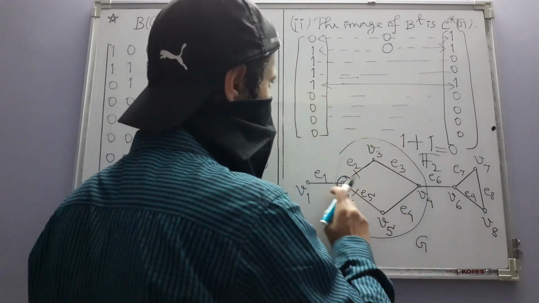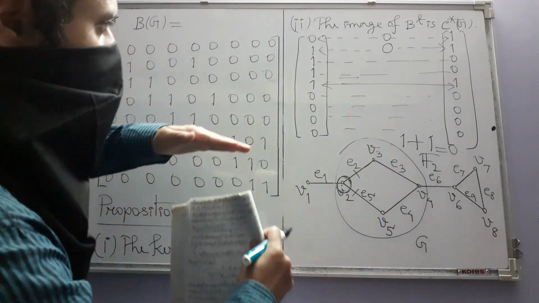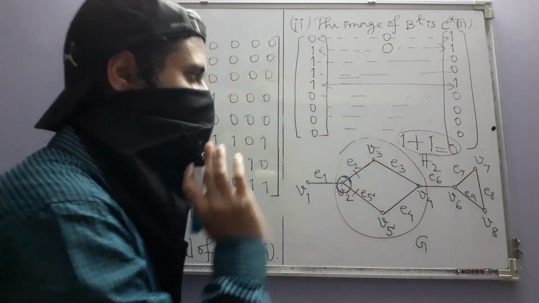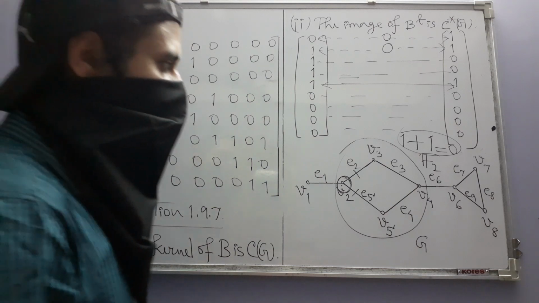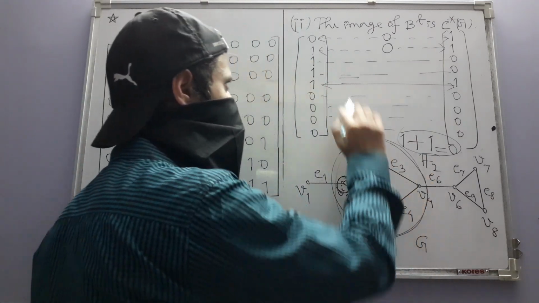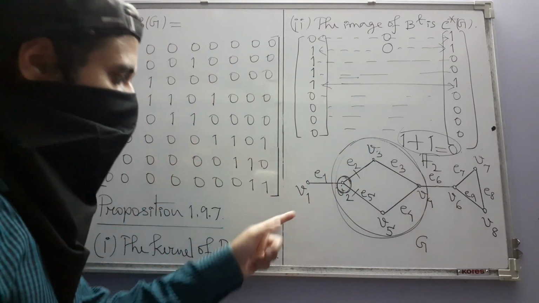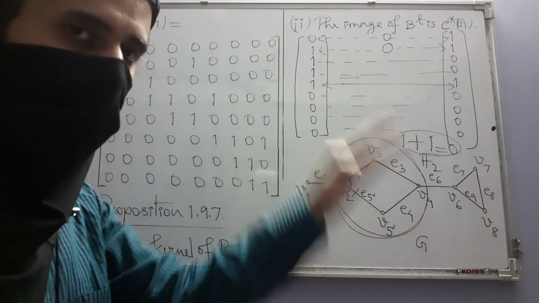So anytime you consider such a scalar product, row column, you are going to get 1 plus 1. That will give you 0 in the 2-element field. So that is why whenever you express a cycle as a vector and apply the linear transformation on that, you are going to get 0, always 0.